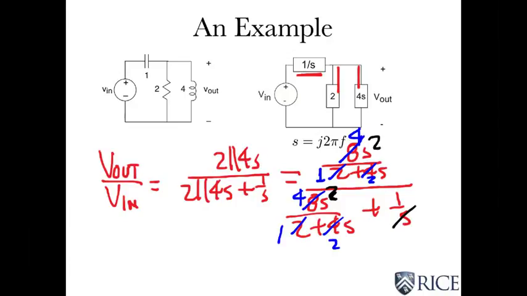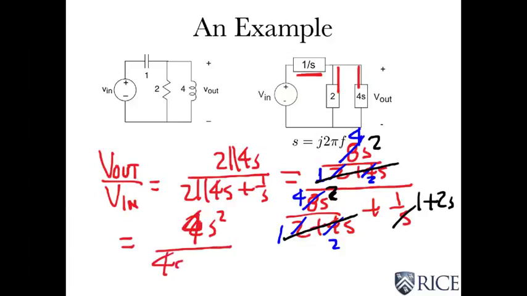And I'm going to multiply top and bottom by 1 plus 2s, which gets rid of it down there and up there. I know you can't read that. It's very difficult to read, so let me write it for you. It's 4s squared divided by 4s squared plus 1 plus 2s.